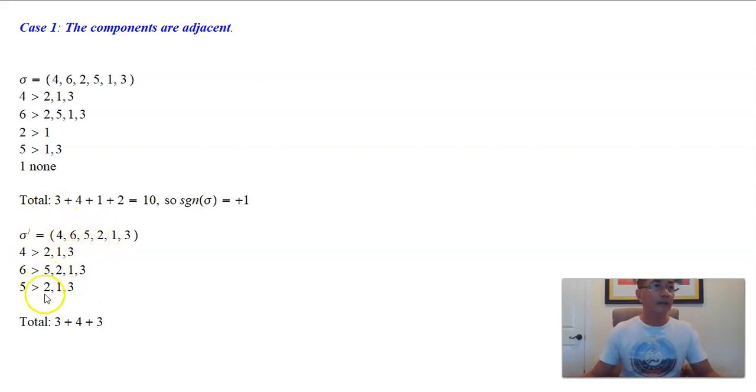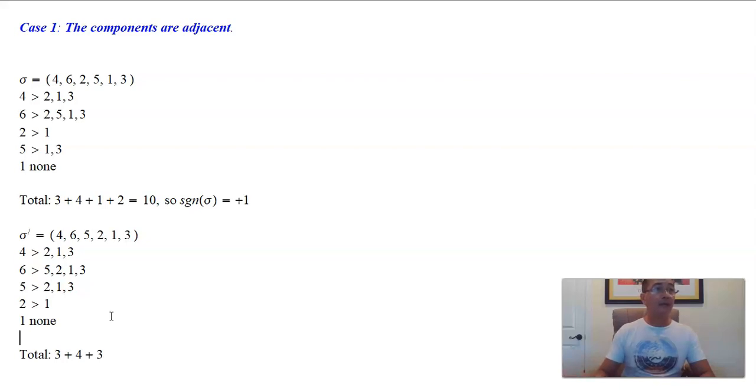Okay, next on our list, we have 2. Any inversions? Yes, 2 is bigger than 1. Oh, 2 was bigger than 1 because 1 is to the right, and 1 is still to the right of 2. Okay, and what about 1? 1 is not bigger than anybody, and 3, the last number, never counts.